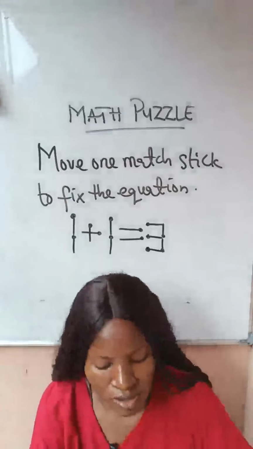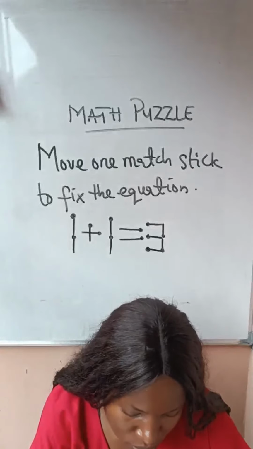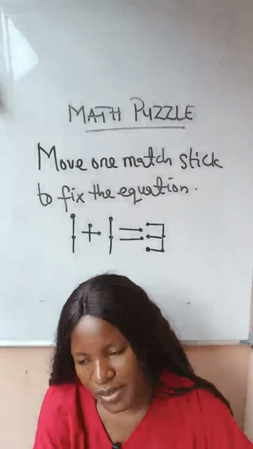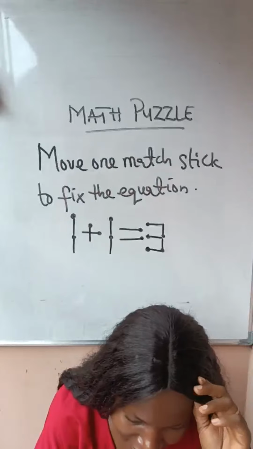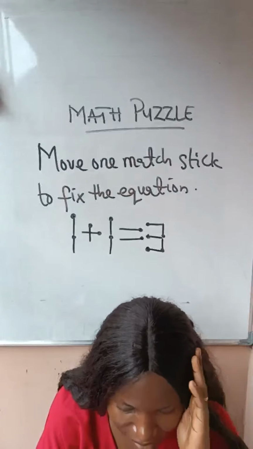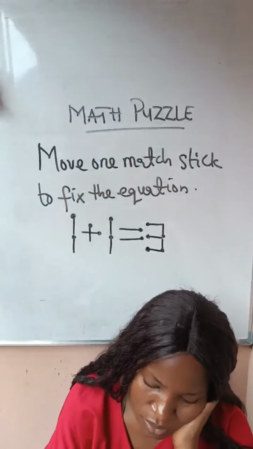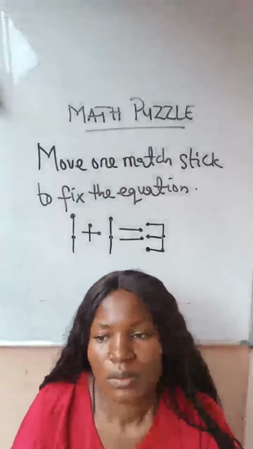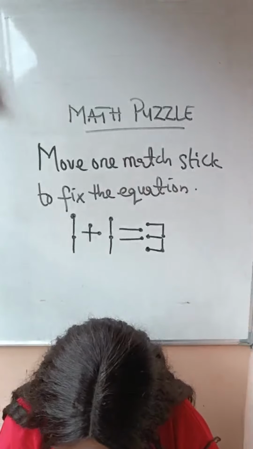Okay, so let's go, friends. Move one stick to fix the equation. Normally, you are the first one to answer every question. Jugu and Chelsea. Move one stick to fix the equation.